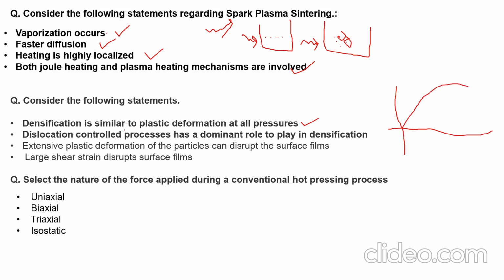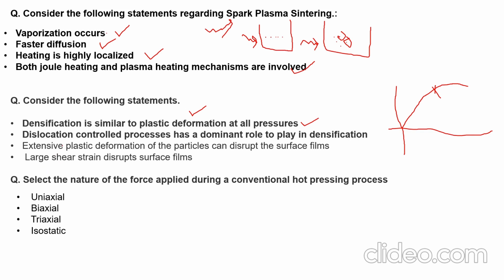So the densification is always similar to plastic deformation because there is a similar stress strain curve for plastic deformation also, that is, after a point it yields. There is no significant change in your plastic deformation with change in your strain or with change of your pressure. So the plastic deformation and the densification operate in a similar way with change in the pressure.